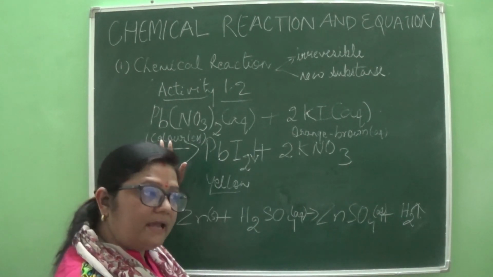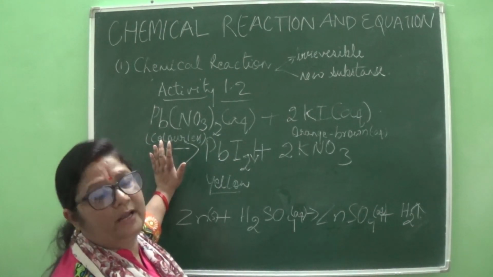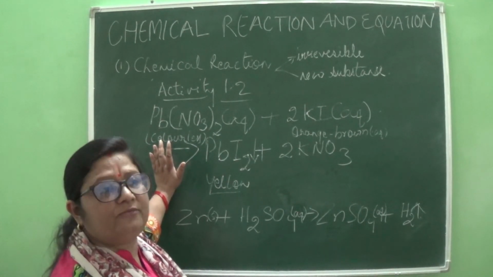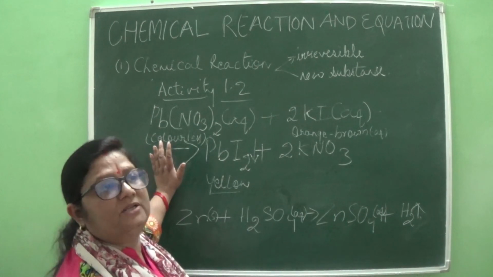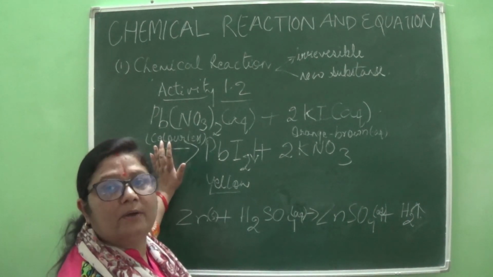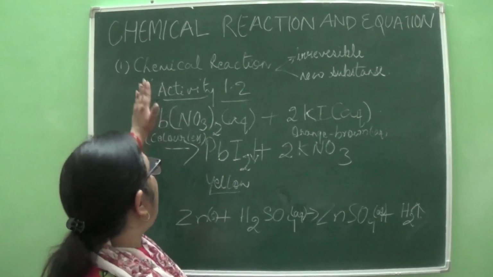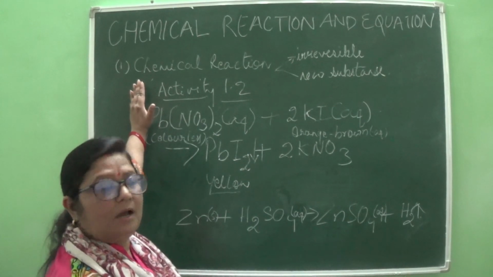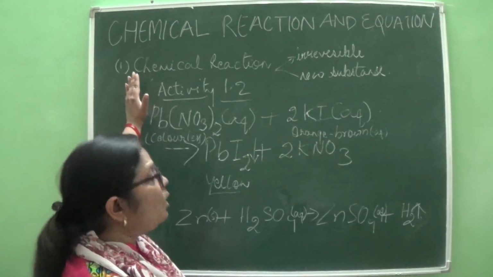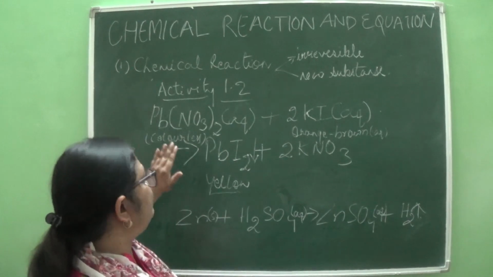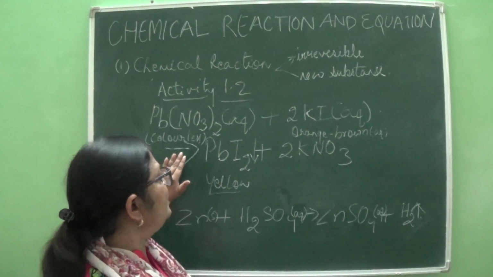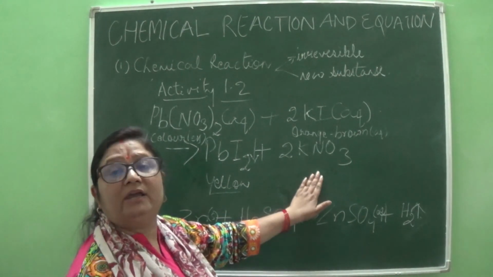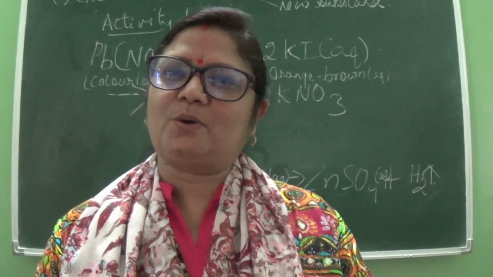If it is being taken, it is known as an endothermic reaction, and if it is being evolved, it is known as an exothermic reaction. This is all about chemical reactions. To explain these, we have taken examples which I have written in equation form.